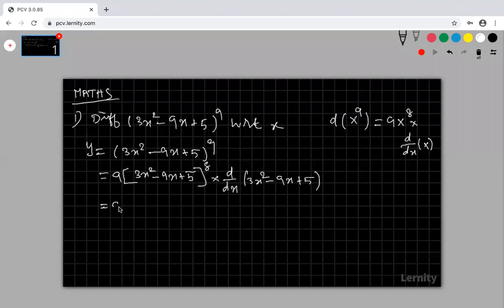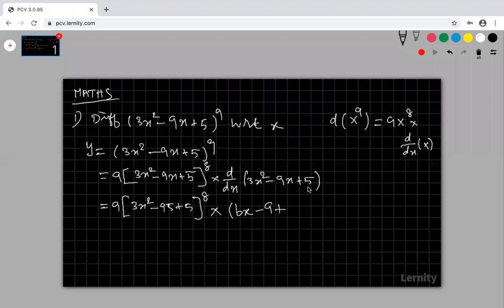So what is that? This is 9 into 3x square minus 9x plus 5, the whole power 8. Now the differentiation of 3x square minus 9x: the differentiation of x square is 2x, 2x into 3 is 6x, minus the differentiation of x, which is 1, into minus 9, that is minus 9.